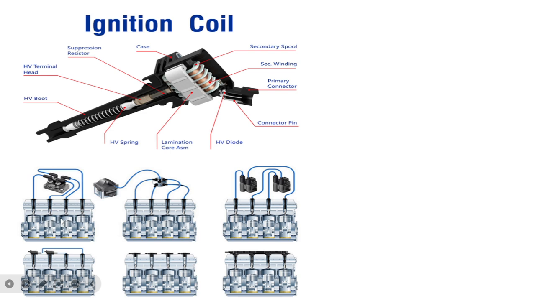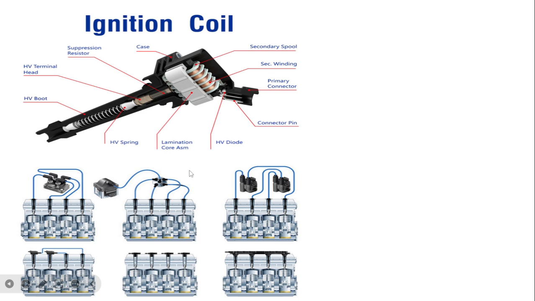Just assume in the first case, the explosion happens in these 2 cylinders. At that time, the pistons on either side, the right hand side and left hand side, are at the top and these two are at the bottom. For this situation to happen, the distributor is used, right?